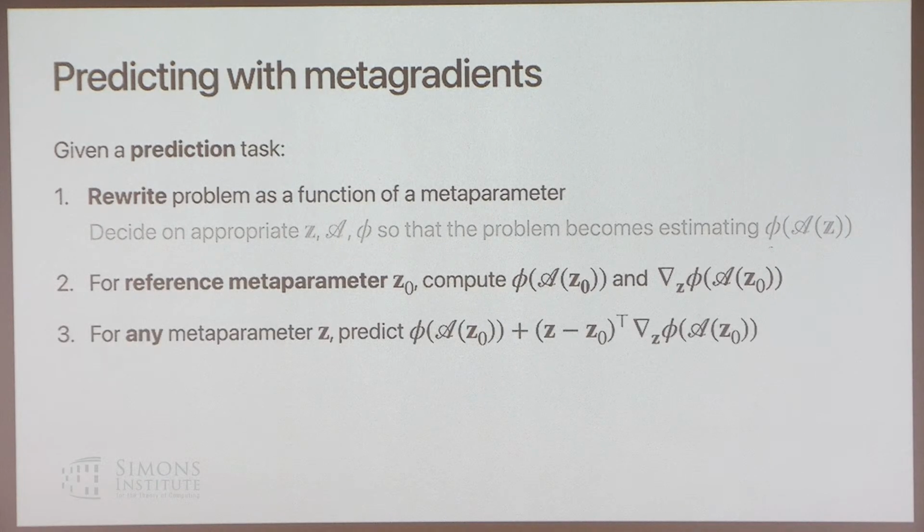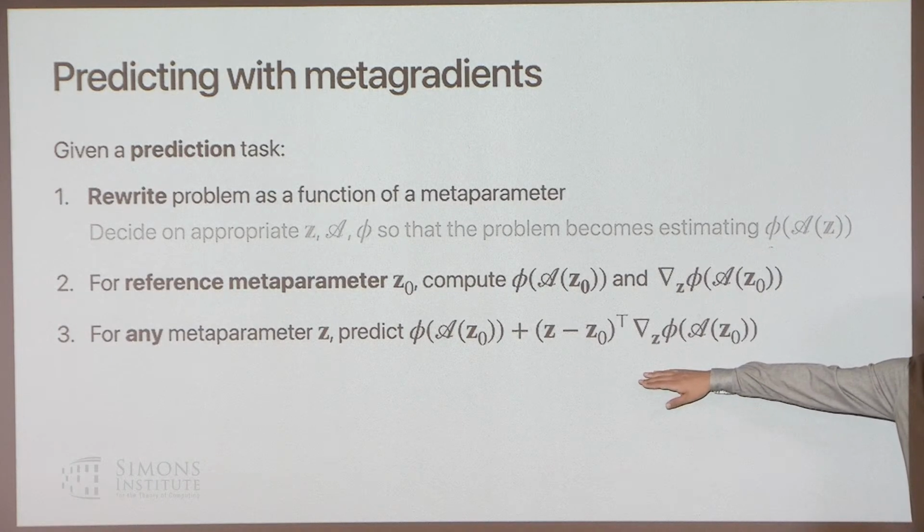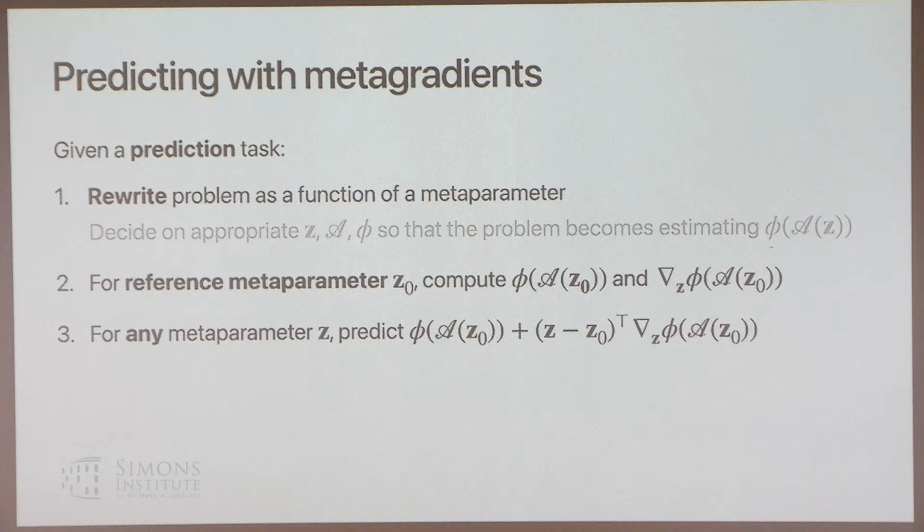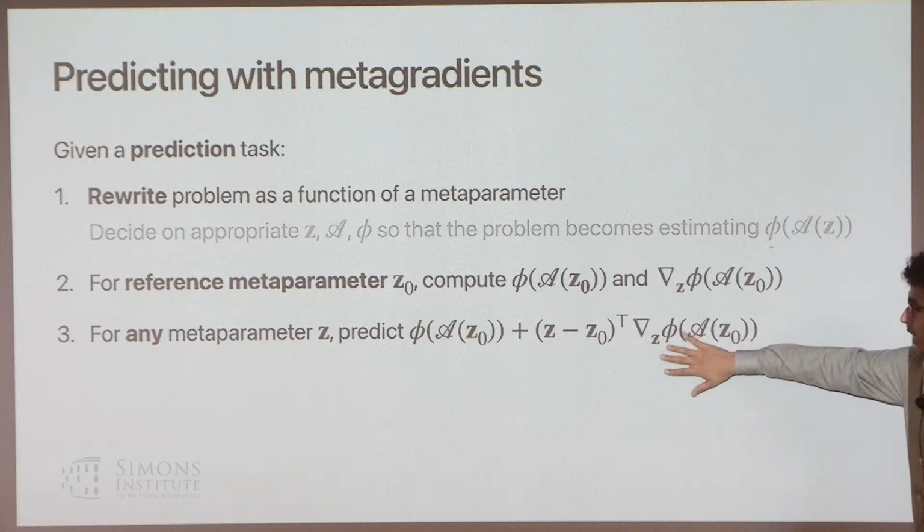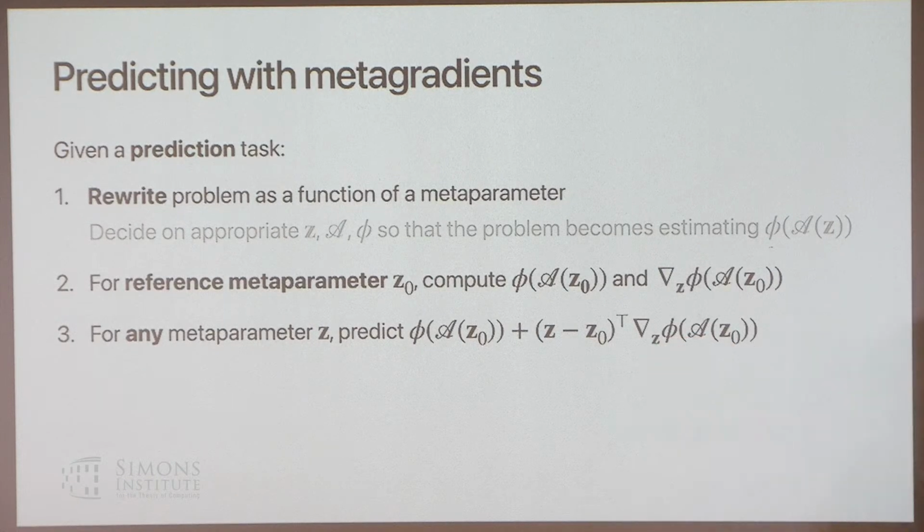And our predictor is just going to be this first-order Taylor expansion that we get from the metagradient. The idea here is that if someone comes to me with some new meta-parameter z and wants to predict what's going to happen, I have this metagradient that I computed once, around this reference meta-parameter that I picked arbitrarily.